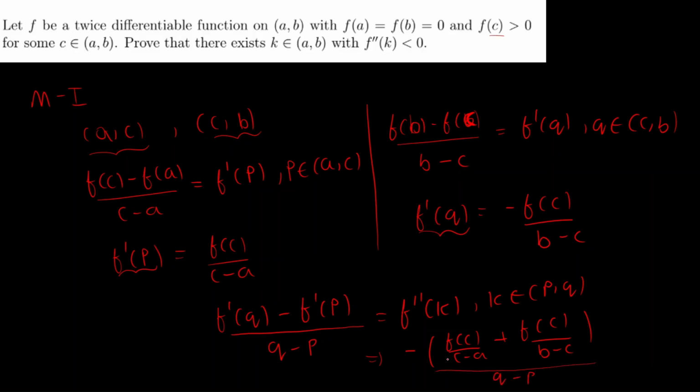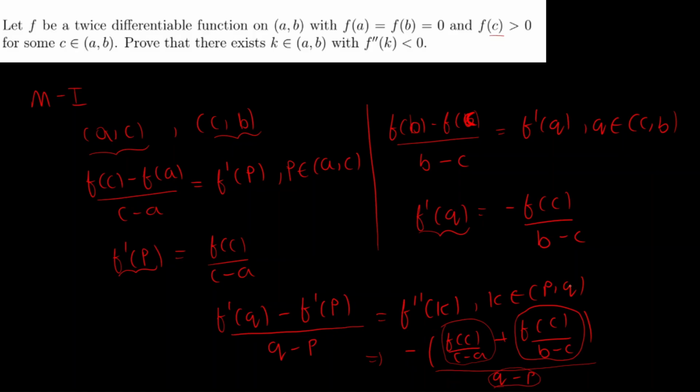Now we know that c is a quantity that is greater than a, and f(c) is also a greater than 0 quantity. So therefore this quantity is positive. Similarly, b is greater than c and f(c) is greater than 0. Therefore this is also a positive quantity. And since q is greater than p, q minus p is also a positive quantity. Therefore this whole thing is a strictly positive quantity. When you multiply it with a minus, it will become a negative quantity.